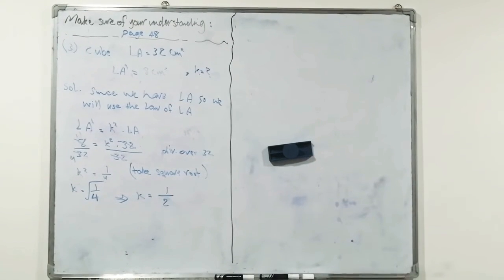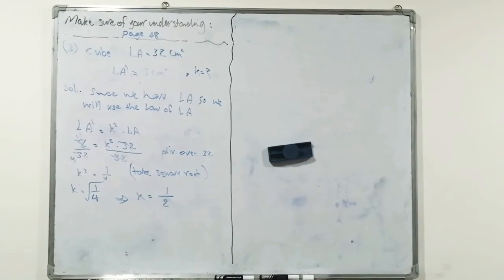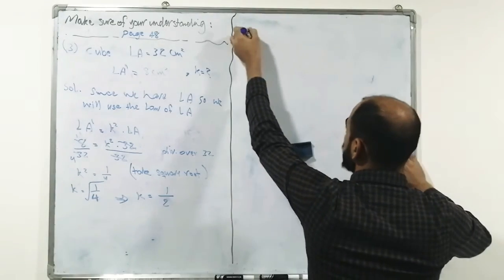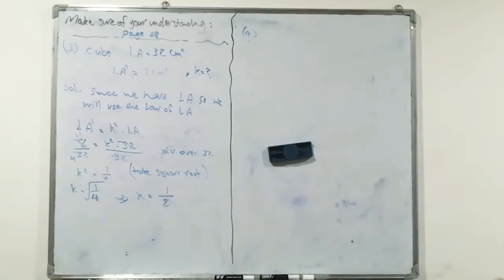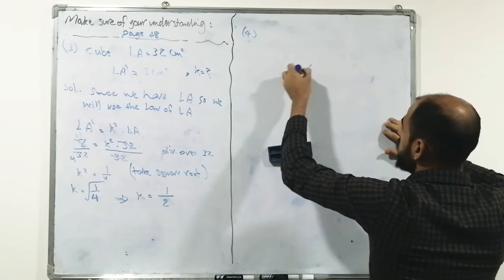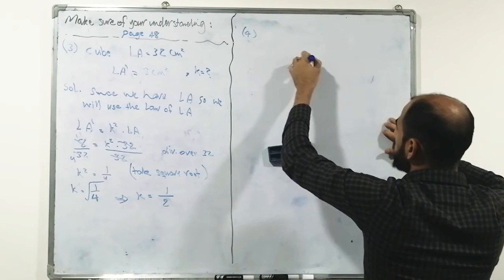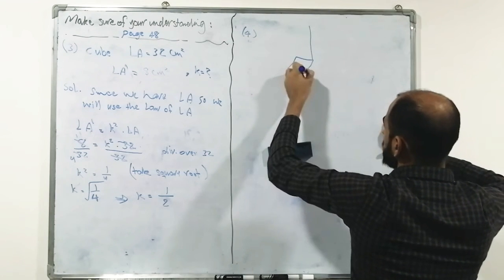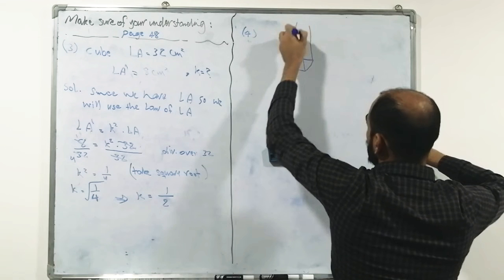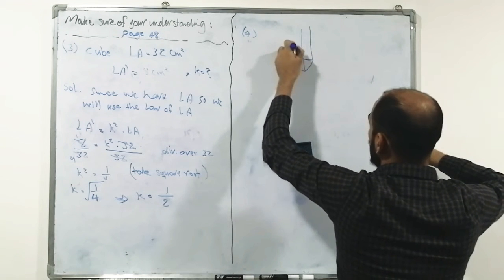Now question number 4, we have a piece of iron. Its shape is in the shape of a parallelepiped with square base. Here we have the shape. That's meaning we have a parallelepiped with square base, يعني متوازي السطوح بقاعدة مربعة.